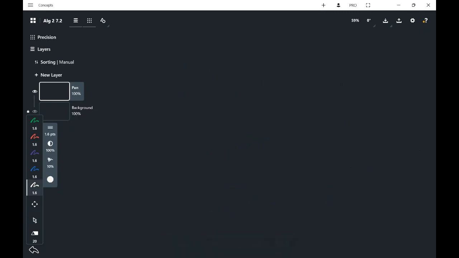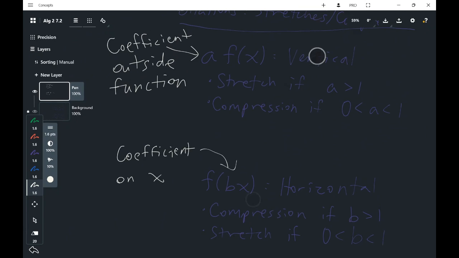Okay. So this time we have y equals 2 times 2 to the power of x minus 5. This 2 in front, remember when we multiply the function outside the function, that's a vertical dilation.